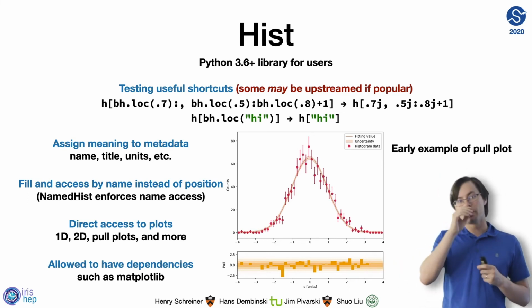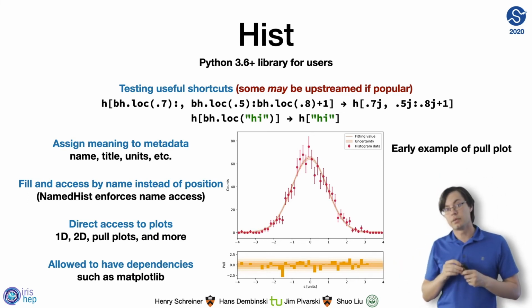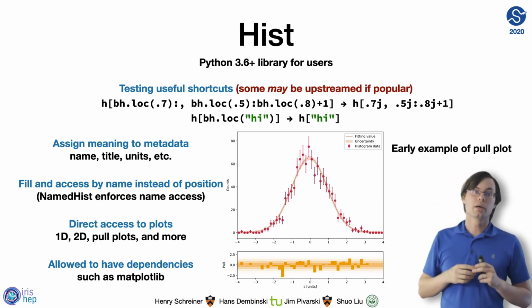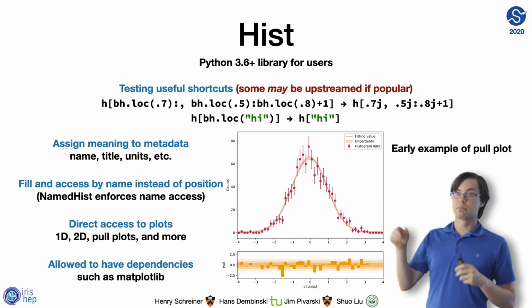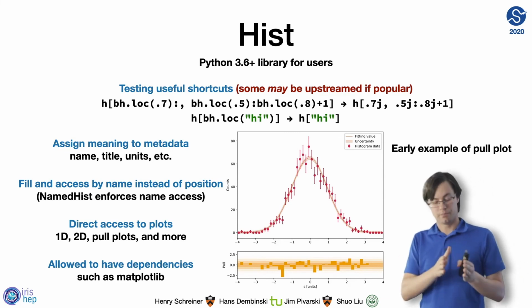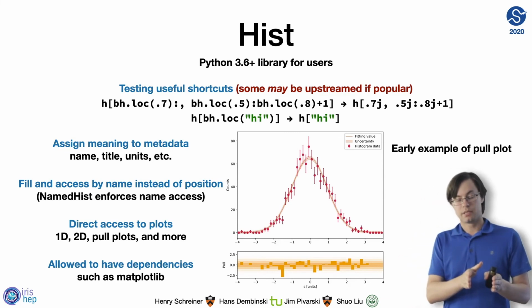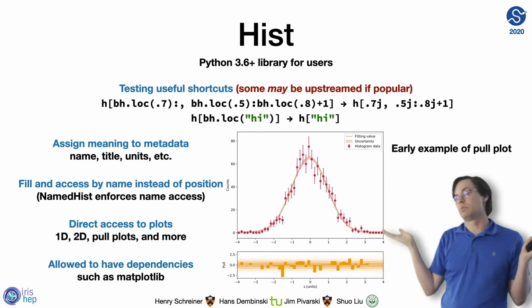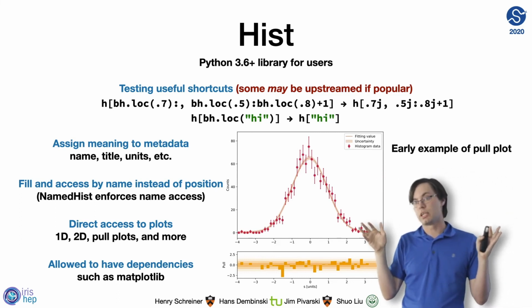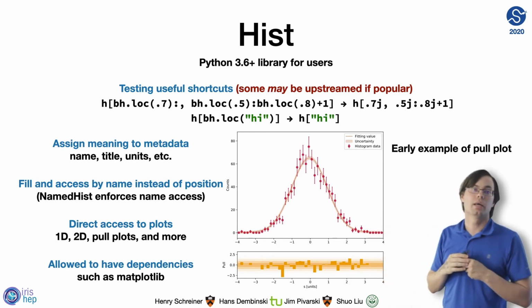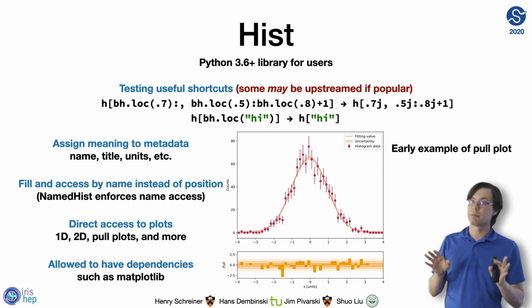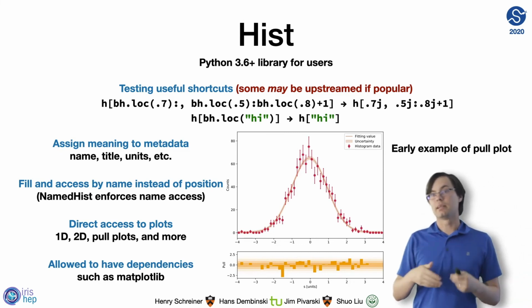So, for example, one of the shortcuts that will be added to Hist as an experimental shortcut will be using the letter J after a number to convert between the bin space and data coordinates. So you could just say 0.7J, and that would be the location data coordinate of 0.7. And also just using strings directly instead of putting loc. And that way you don't ever have to type loc in parentheses on the command line or in your notebook when you're working.